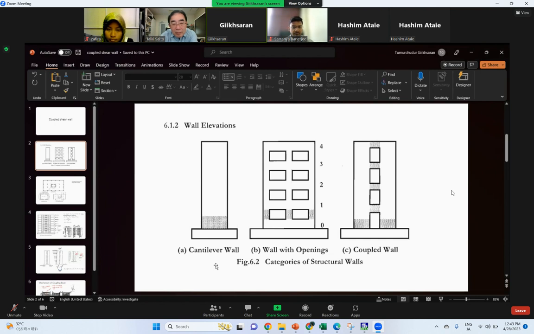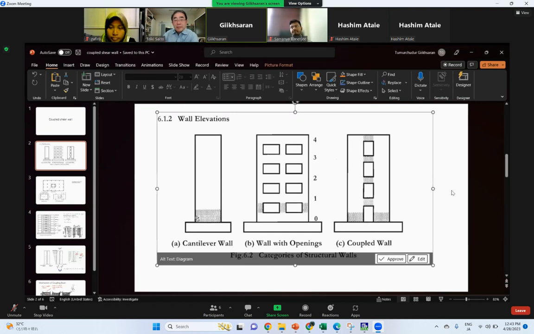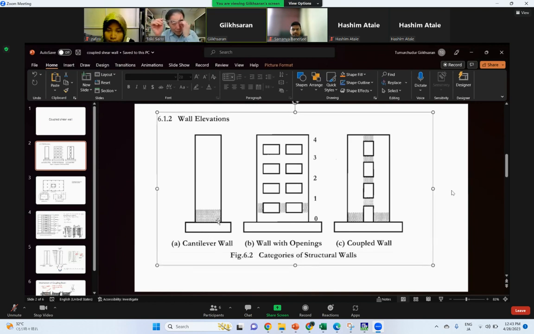It is suitable because inelastic action occurs in the flexural plastic hinge forming above the base of the wall, and above that region the wall remains elastic. B, the wall with openings, is unsuitable for seismic resistance.